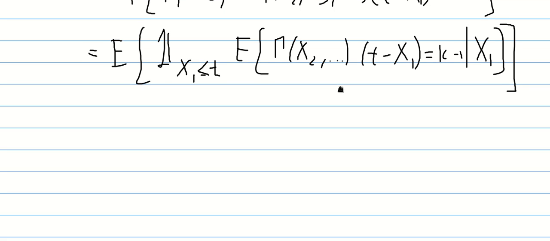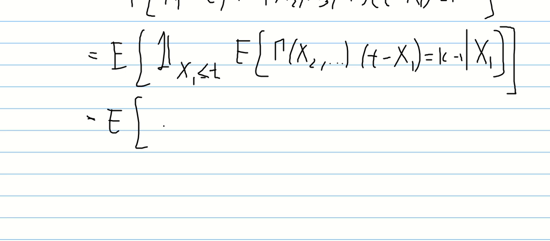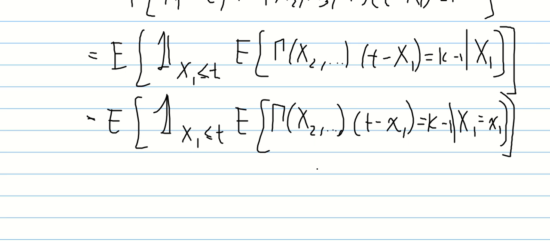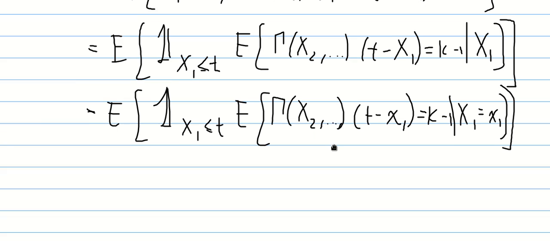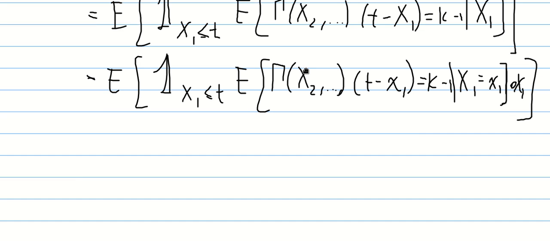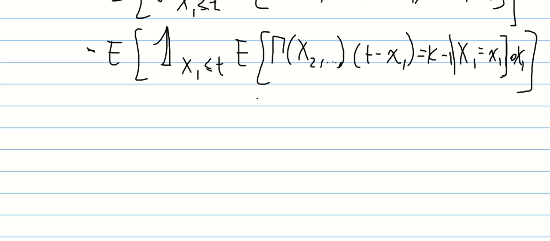So just conditioned on x1, and as we did before, we can use the substitution principle and write this as little x1, given that x1 is equal to little x1, and compose this with x1.